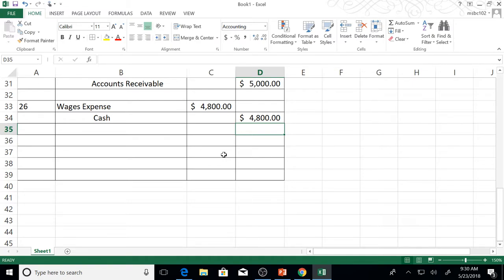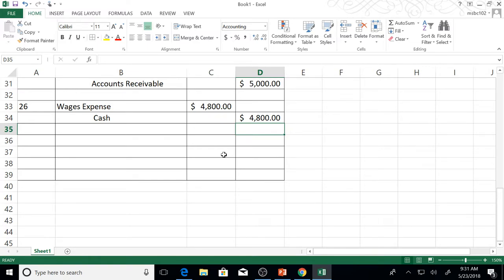It's like you got your electricity bill in your mailbox and you don't pay it yet, but you're going to pay it. So you owe that amount. One is the expense, and the other one is payable. They both go up. That means we have a new account, utilities expense.